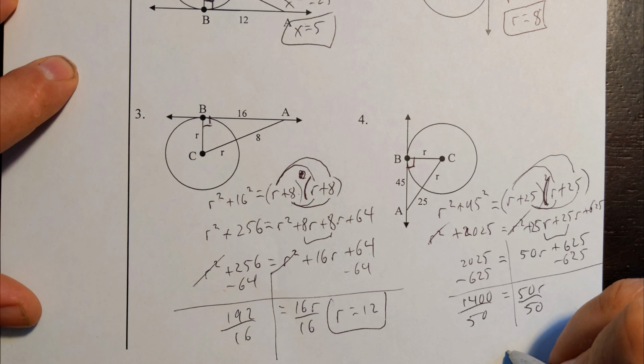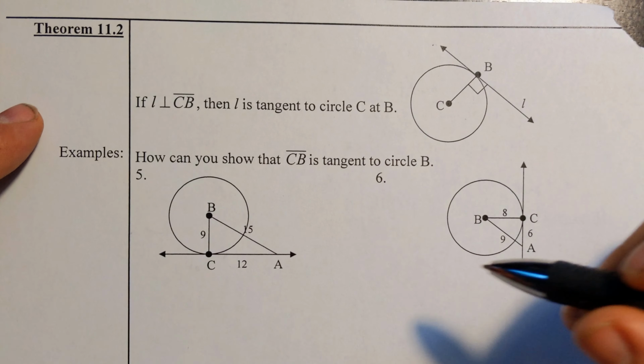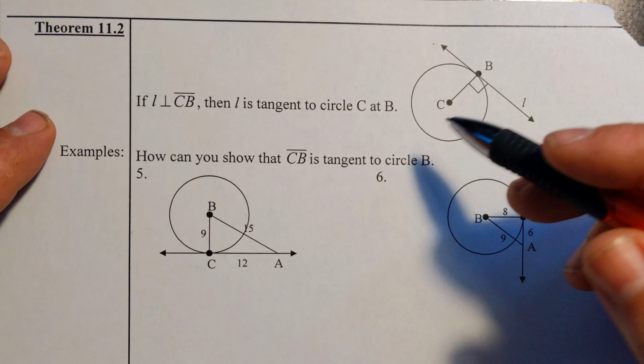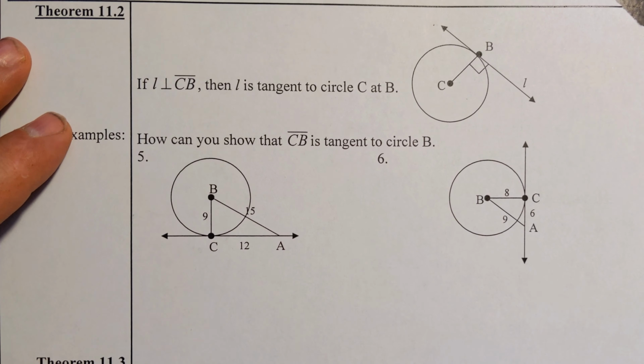So theorem 11.2 says that if you see that you have a perpendicular mark where that tangent is hitting that radius, then you can trust this is actually a tangent. So right here, if you want to see if this works, you need to find out, is this really a right triangle? And to do that, you use the Pythagorean theorem as a test.